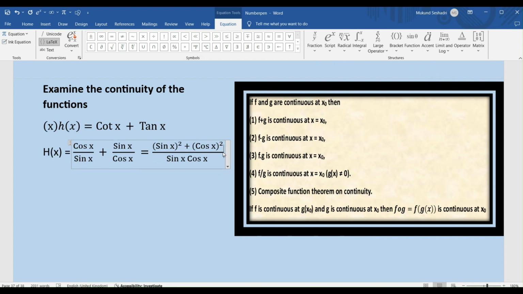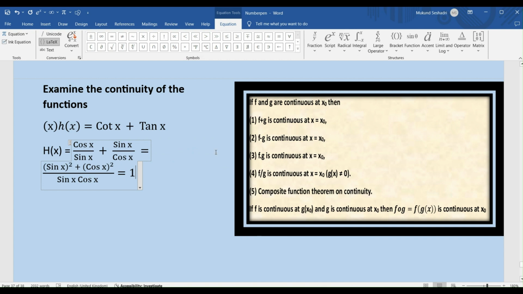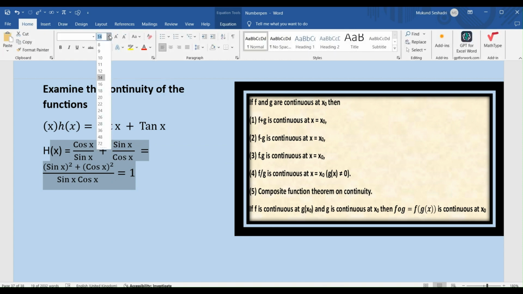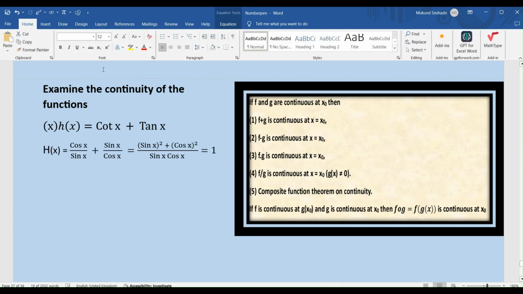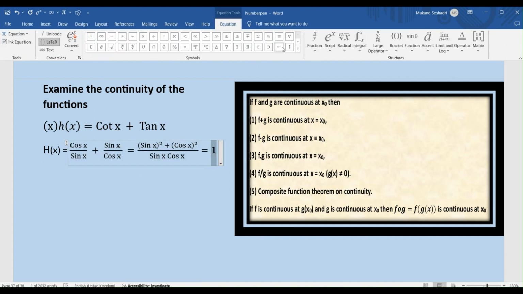Sine x the whole square plus cos x the whole square is always 1, right? And we are going to be left with 1 divided by sine x into cos x, right?